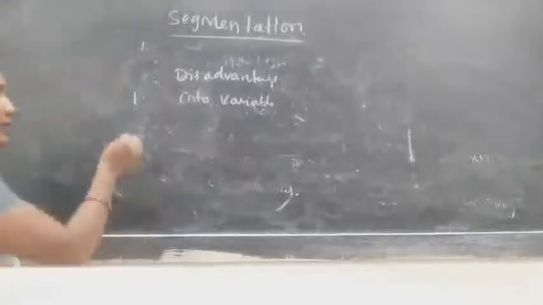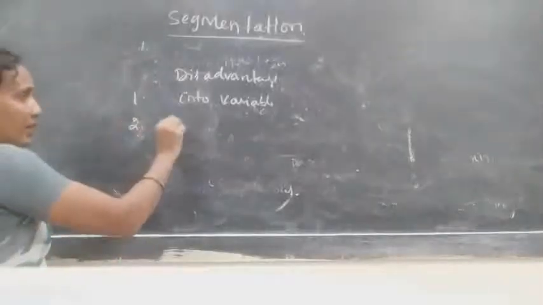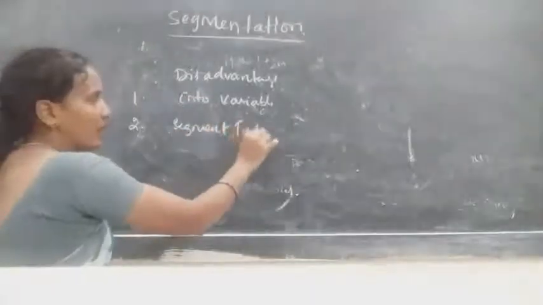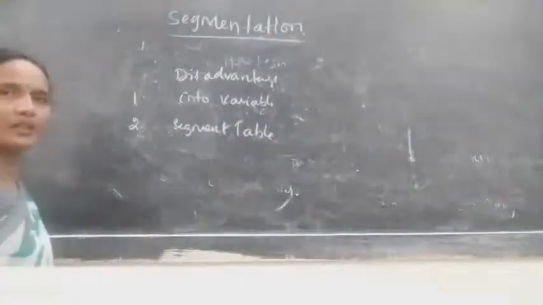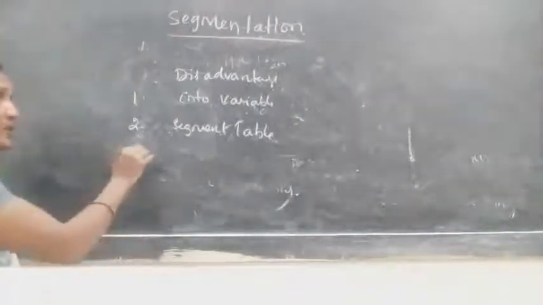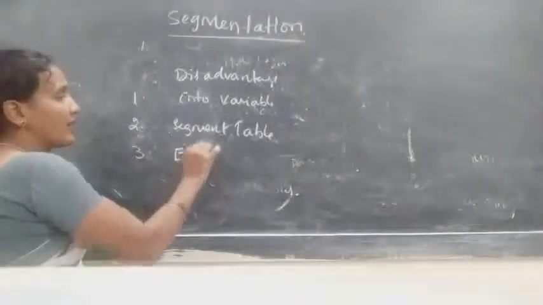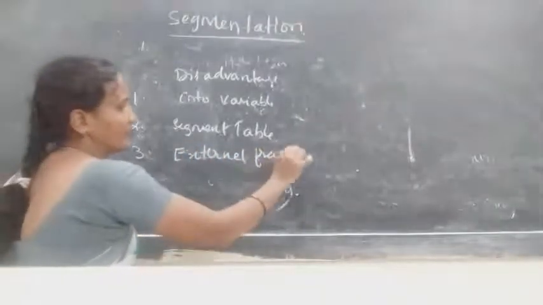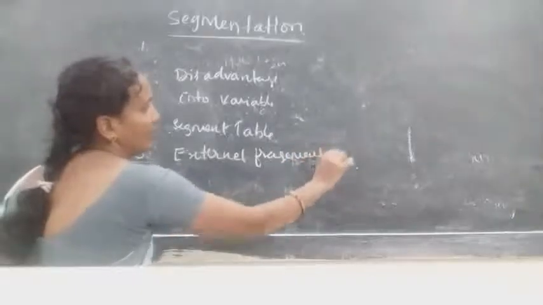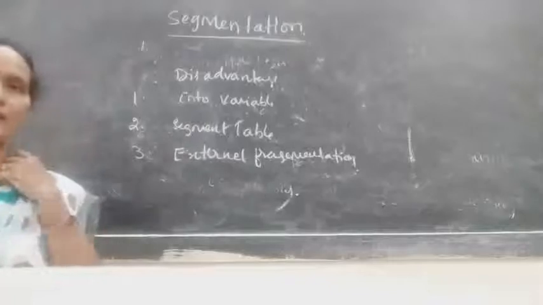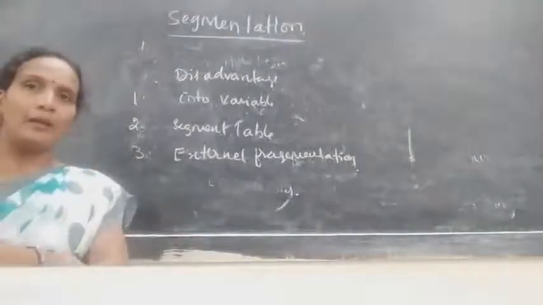And the second one is, again, the segment table is an overhead. It is occupying less space, but it is an overhead only. And next, there is a chance of external fragmentation. Understood? So these are the disadvantages of segmentation.